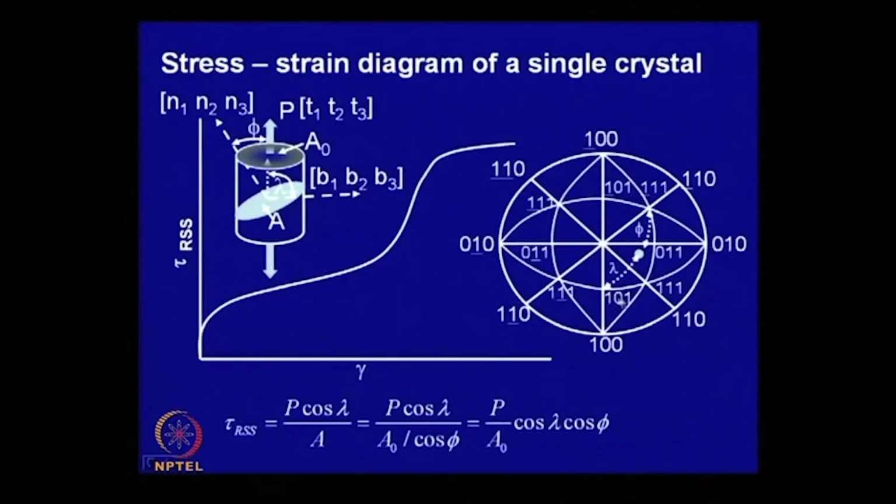Let us say 1 0 1 is the slip direction and this angle is lambda, and the slip plane is 1 bar 1 1. As the deformation proceeds, the location of this will no longer be here, it will change, and we will see how we estimate this.